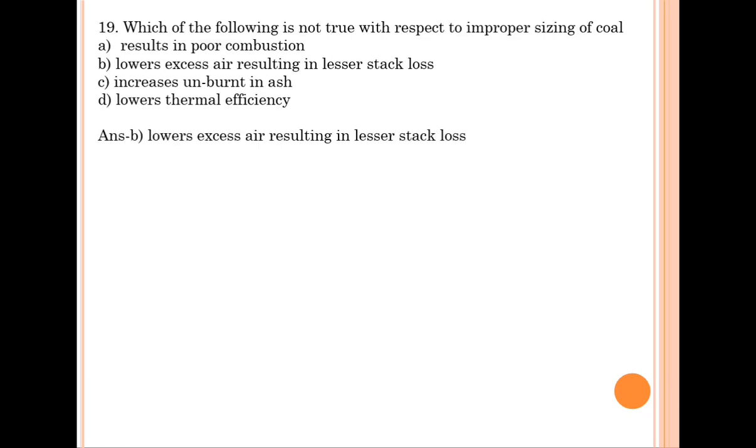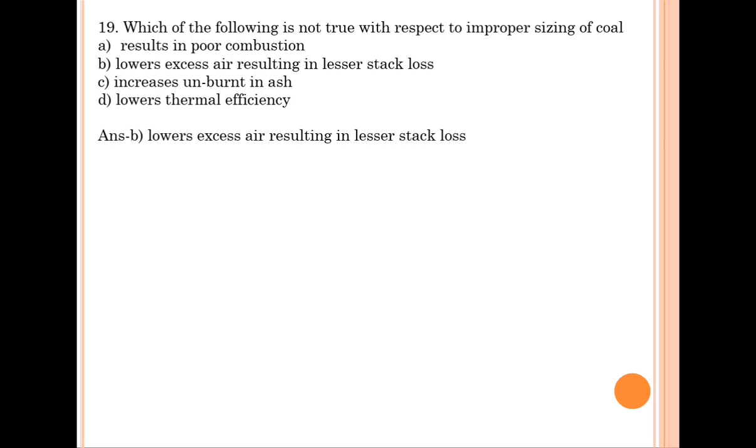Which of the following is not true with respect to improper sizing of coal? Results in poor combustion, lower excess air resulting in lesser stack loss, increases unburnt in ash, lower thermal efficiency. You see, B is the right answer, because improper sizing of coal leads to poor combustion.